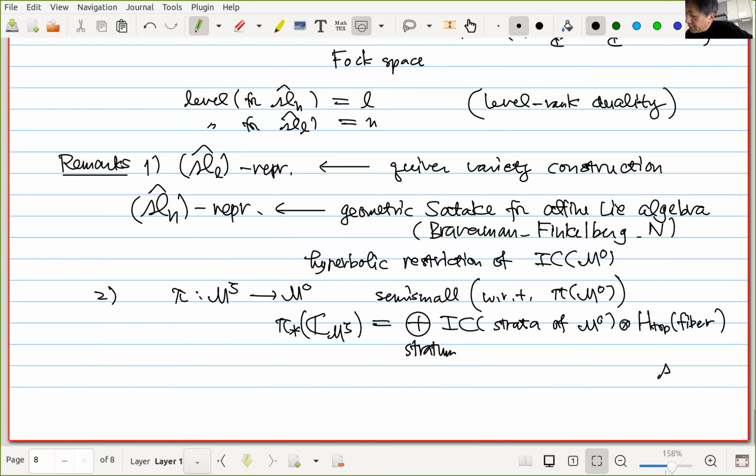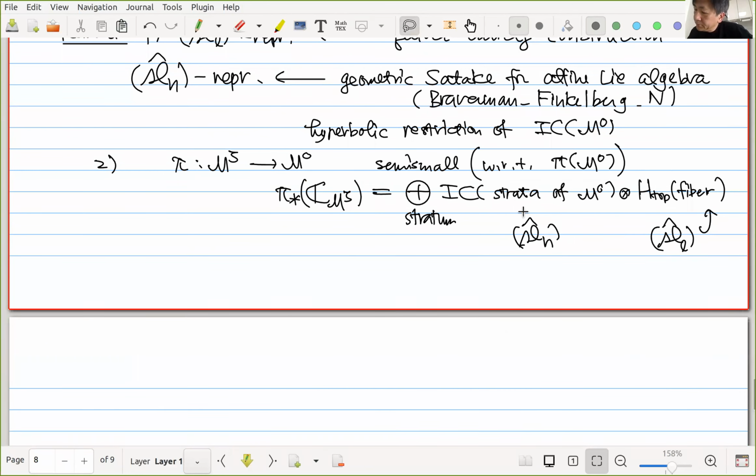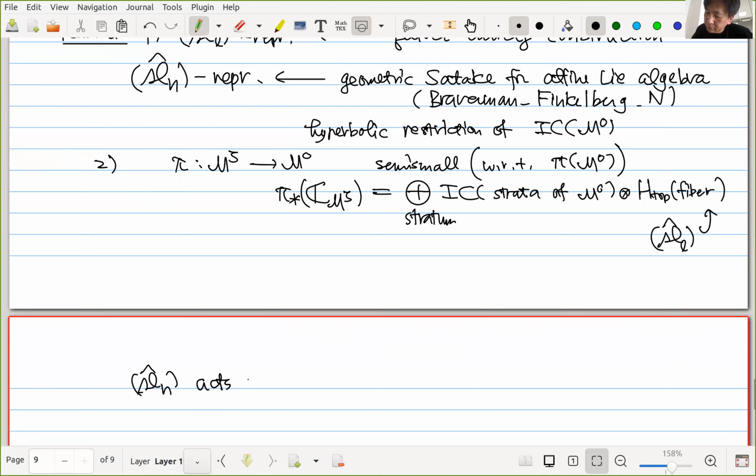So affine SL_L acts on the top degree homology of fibers, and affine SL_n acts on the next one.